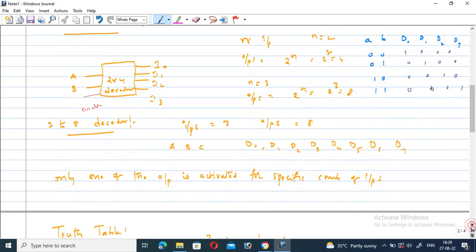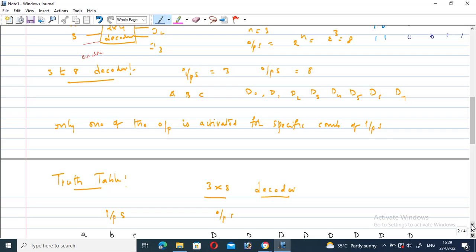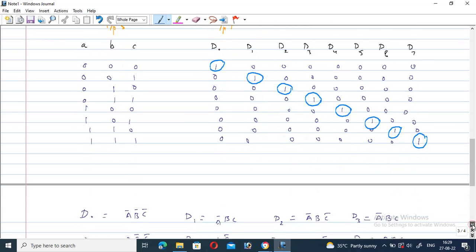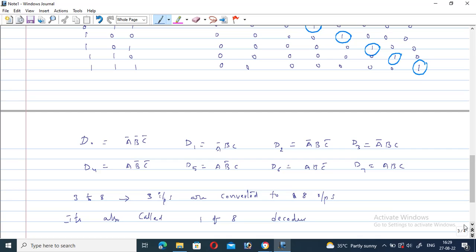Now let us see the 3 to 8 decoder, consisting of 3 input lines and 8 outputs. A, B, C are the inputs, and D0 to D7 are the outputs. Only one of the outputs is activated for a specific combination of the input. This is the truth table for the 3 to 8 decoder. These are the possible combinations, and these are the min terms we are representing.